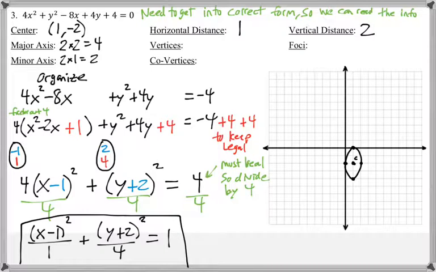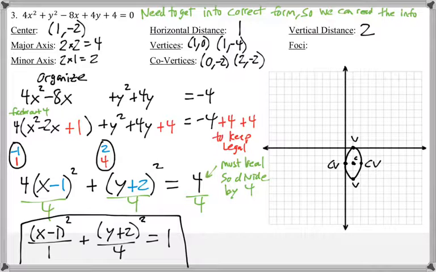So the vertices are on the ends of the major axis. So that would be here and here. And the covertices are on the ends of the minor axis. So that would be here and here. So my vertices are going to be 1, 0 and 1, negative 4, and my covertices are going to be 0, negative 2 and 2, negative 2.